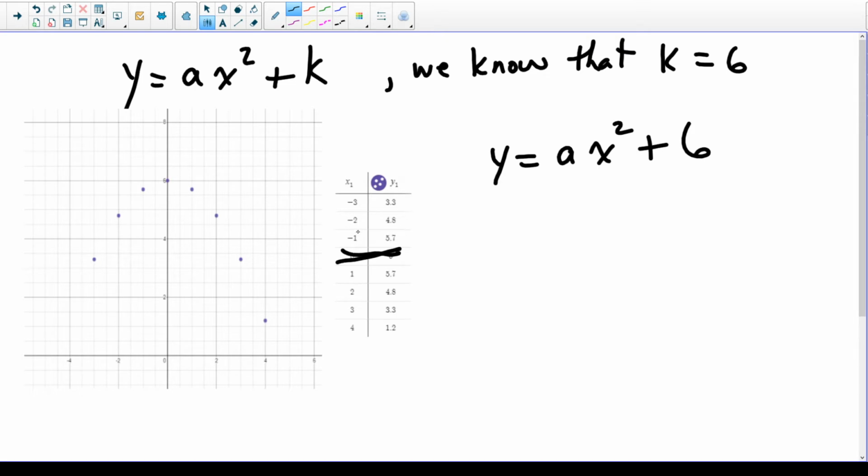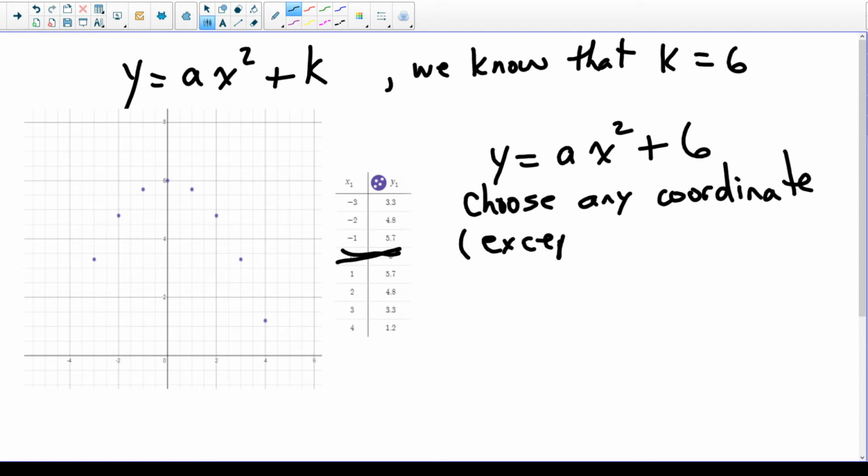If I have the option, I would rather not work with negative numbers. Because I'm able to choose any number, choose any coordinate. That's what we call an x and y combination. Choose any coordinate except the vertex to sub in for x and y.